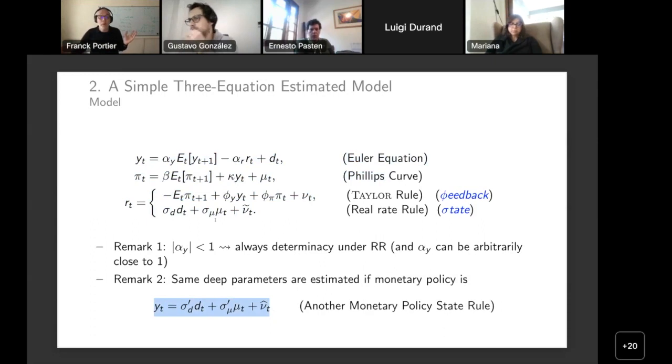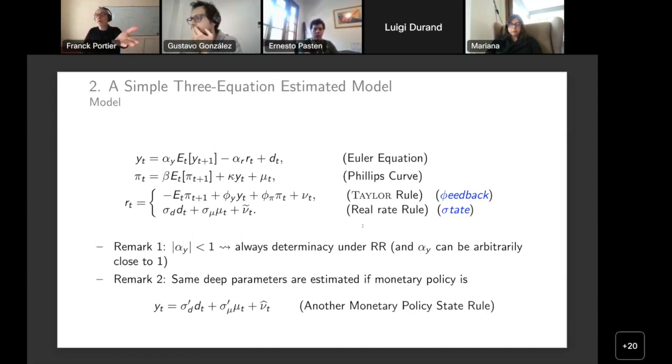If I were estimating that model with that multiplicity rule instead of the real interest rate one, I would find exactly the same parameters. So here I'm not taking a stand on the implementation of the policy. Policy is just how to pick a point on a hypersurface. So I will estimate that.